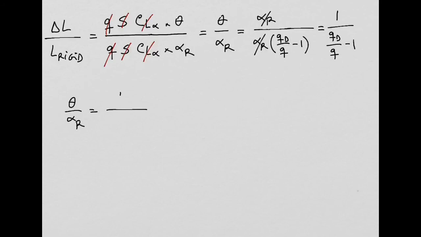So I will get in the numerator 1 times dynamic pressure, and here I will have qd minus q. Yeah? Make sense? Nothing special.